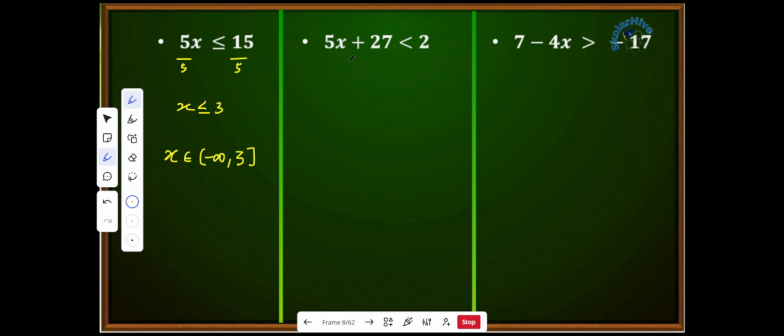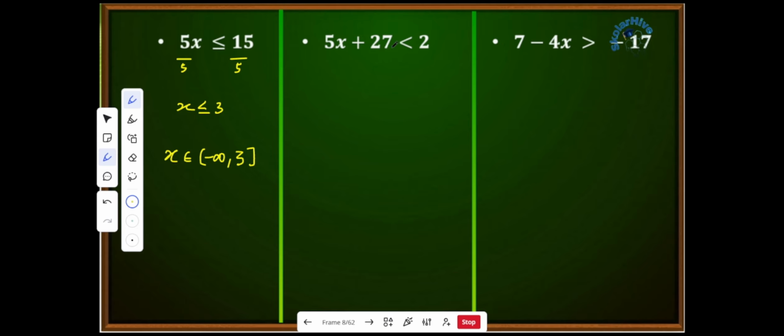Now let's come to solve these questions. Here we have 5x plus 27 less than 2. We are trying to find the values of x, so we'll isolate x on the left side and omit all the numbers from the left. Here we have plus 27.